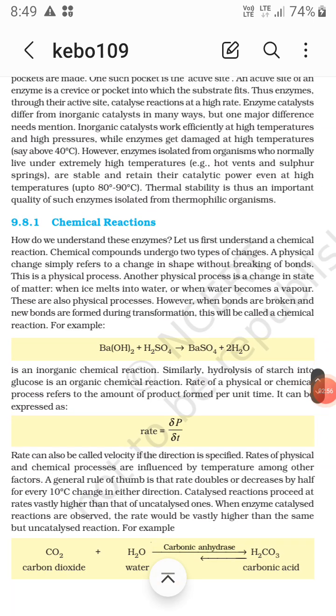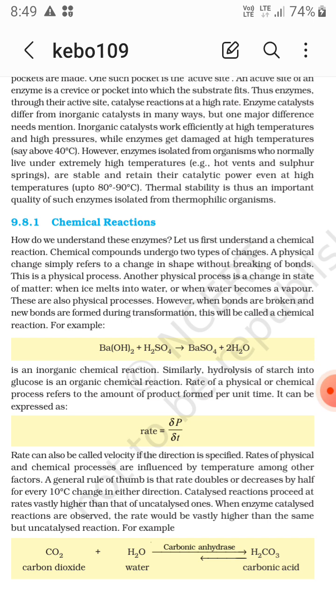Now the chemical reaction. So two types of changes occur in chemical compounds: a physical change, and a chemical change. In a physical change, there is a change in shape without breaking of bonds. This is a physical process. Change of state of matter is another, for example ice melts into water, or water becomes vapor.